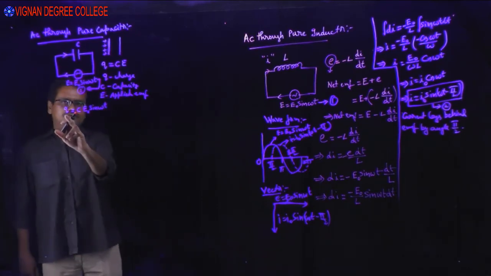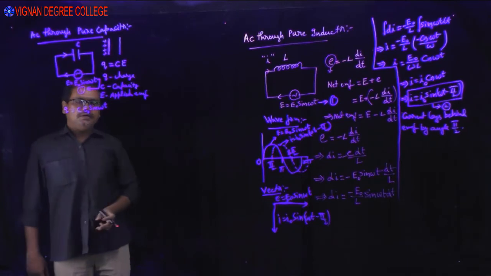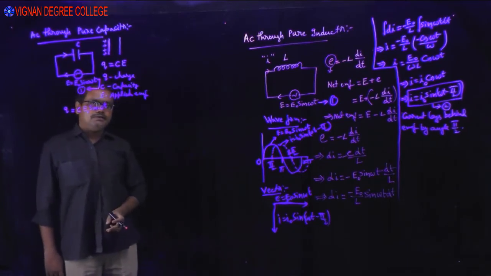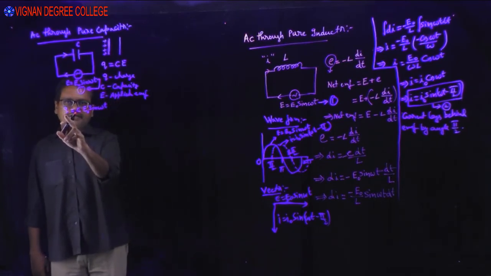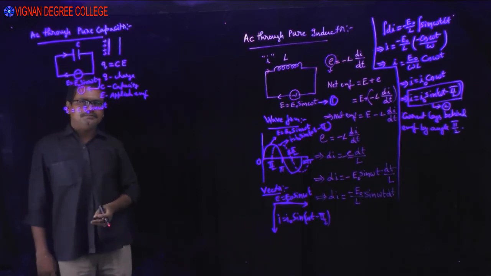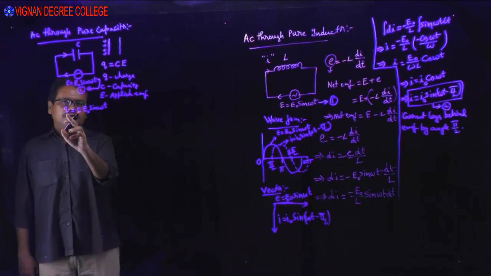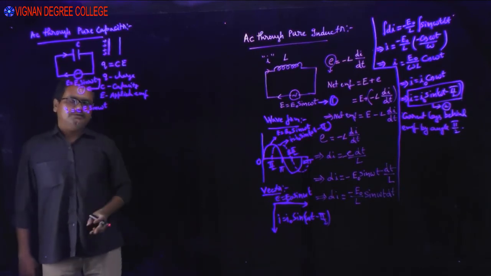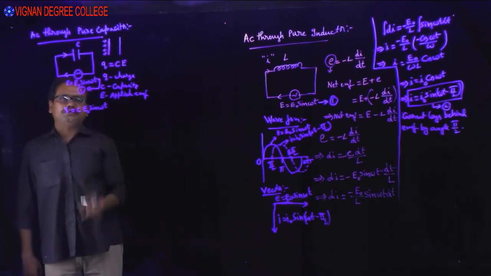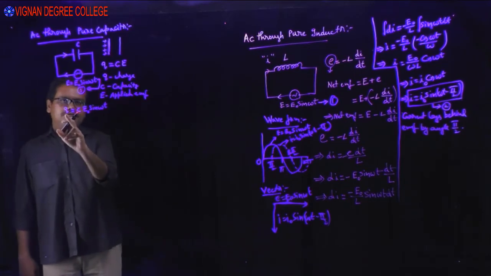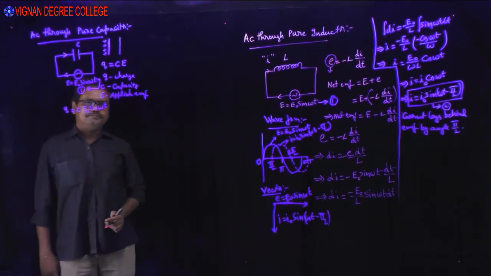If charge is known, the amount of current can be obtained by differentiating the charge with respect to t. So, to evaluate current through this capacitor, differentiate this charge with respect to time.